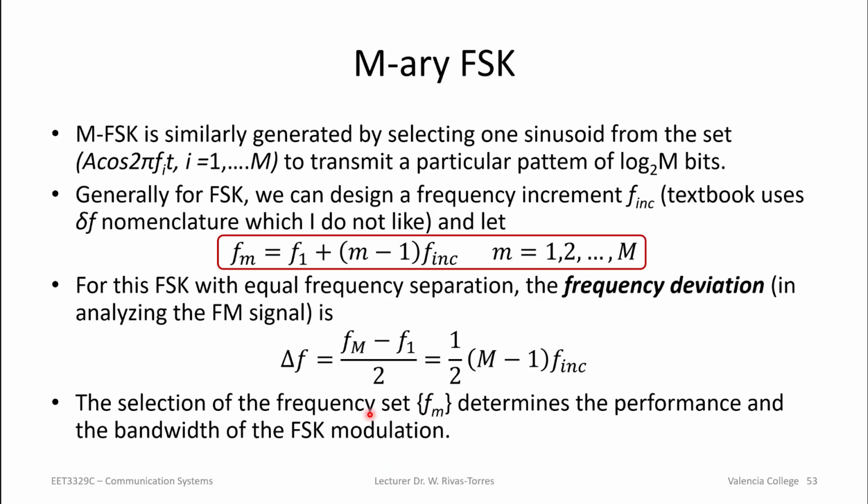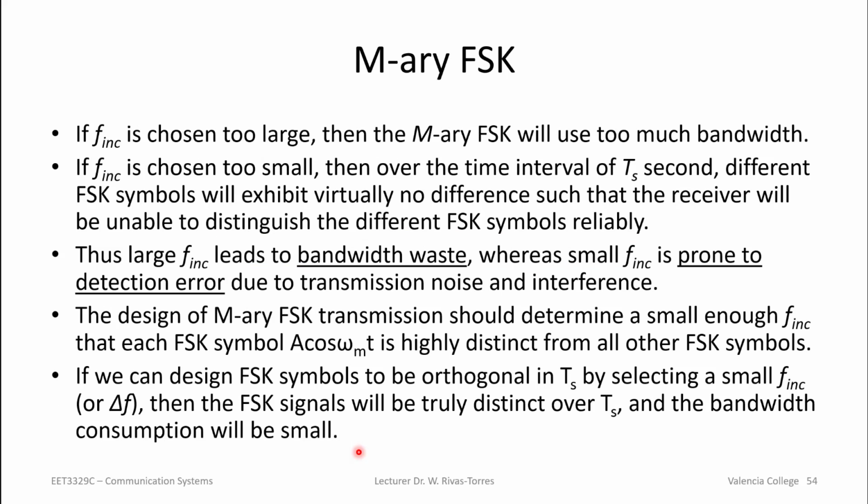Now, the set of M frequencies that you select determines the performance and the bandwidth of the FSK modulation. So FSK takes a little more than just, okay, let's put it on the carrier, right? You have to be very careful how you select these frequencies, because if they're chosen too large, then the FSK system will occupy too much bandwidth.